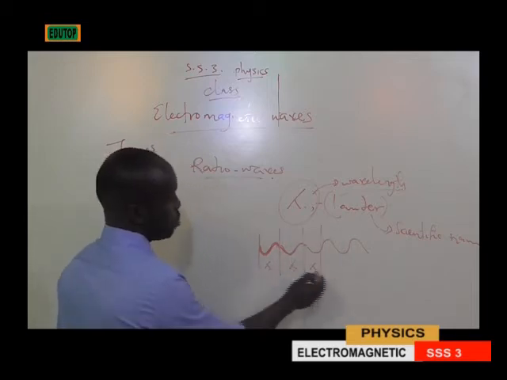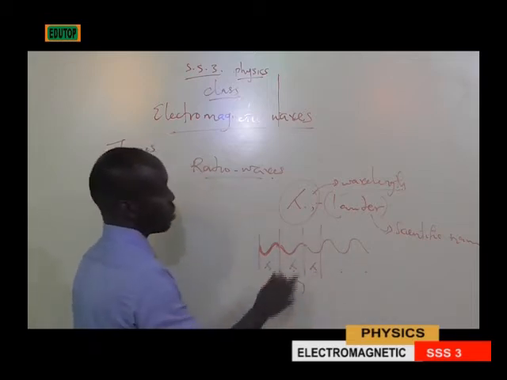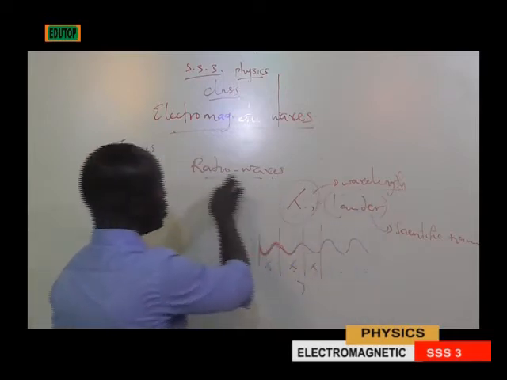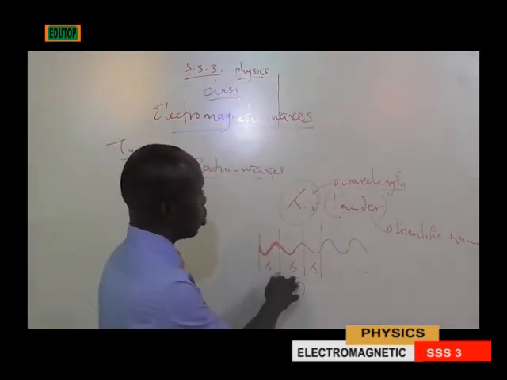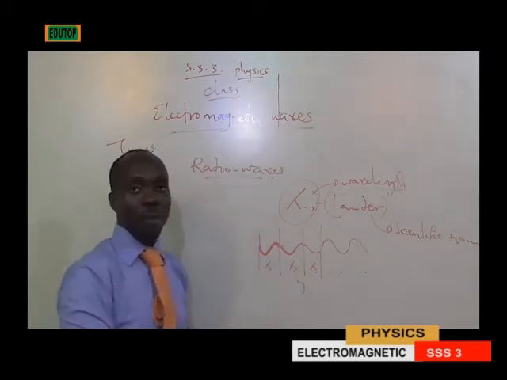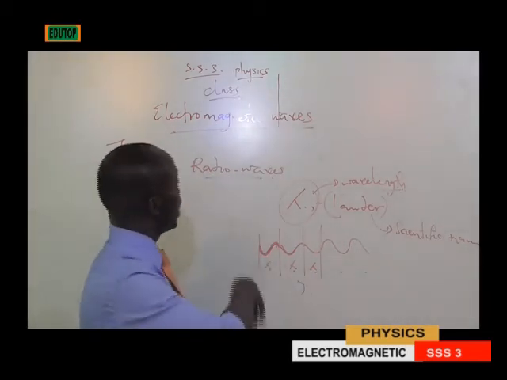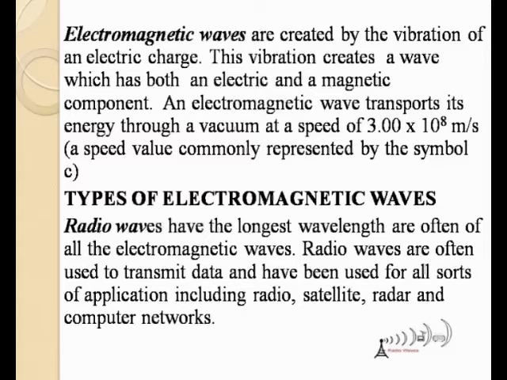So if you calculate the number of wavelengths for your radio wave, it has the longest wavelength per column of a particular wave compared with all other types of electromagnetic wave. Wavelengths are often used to transmit data, and have been used for all sorts of applications, including your radio, your satellite, your radar, and your computer network.